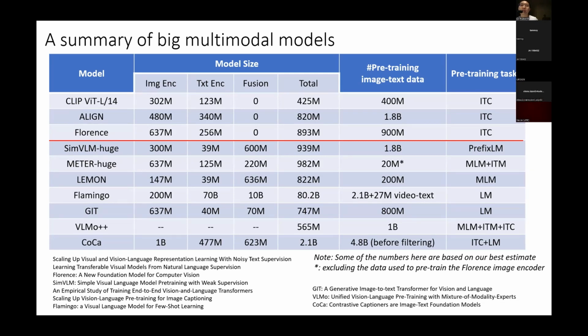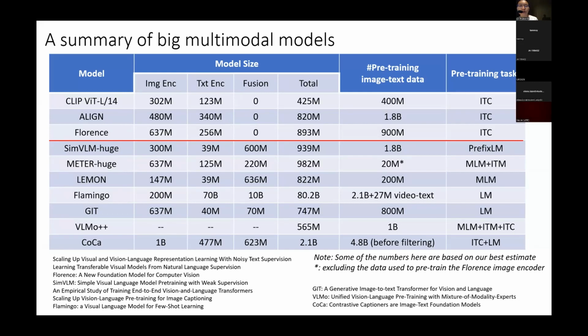Because sometimes the fusion part is also considered part of the image encoder in some papers, and the fusion model is also called the text decoder in some papers. But if you just look at the total number of parameters, you can still roughly have a sense of the trend.